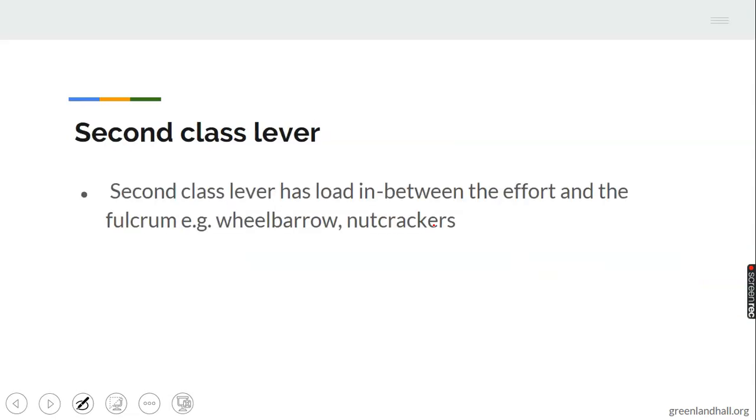Now let's look at second class lever. The class of lever you are talking about depends on the position of the fulcrum, the load, and the effort. Now in the second class lever, the load is in between the effort and the fulcrum. Examples of that are wheelbarrow and nutcracker.